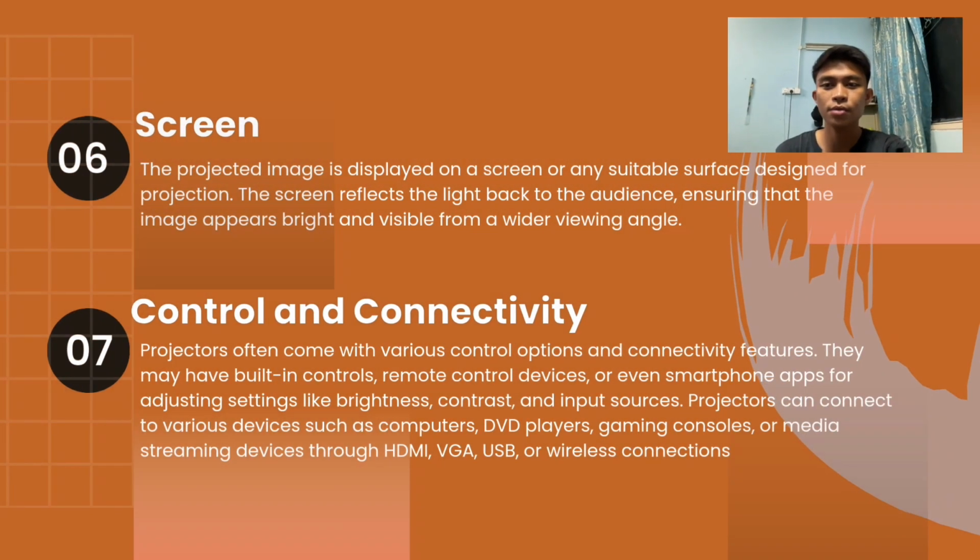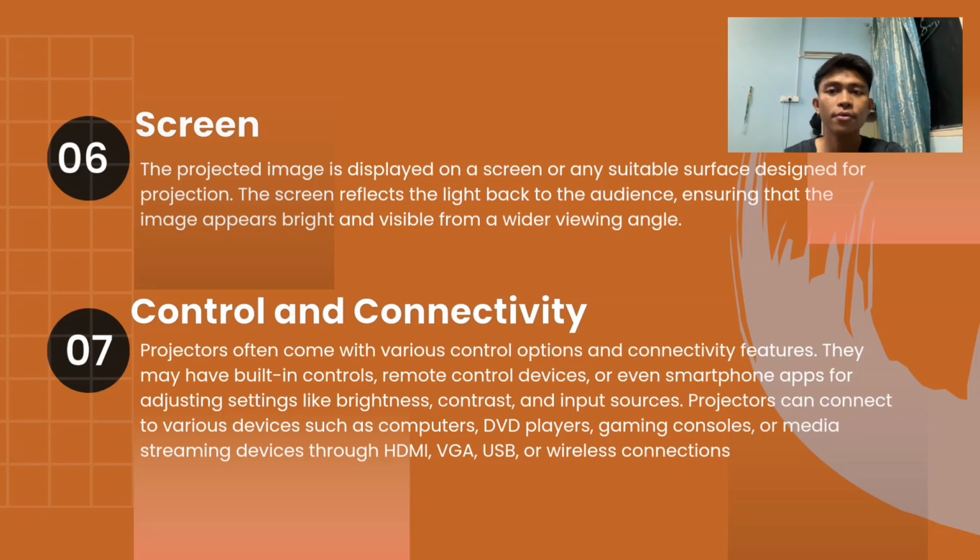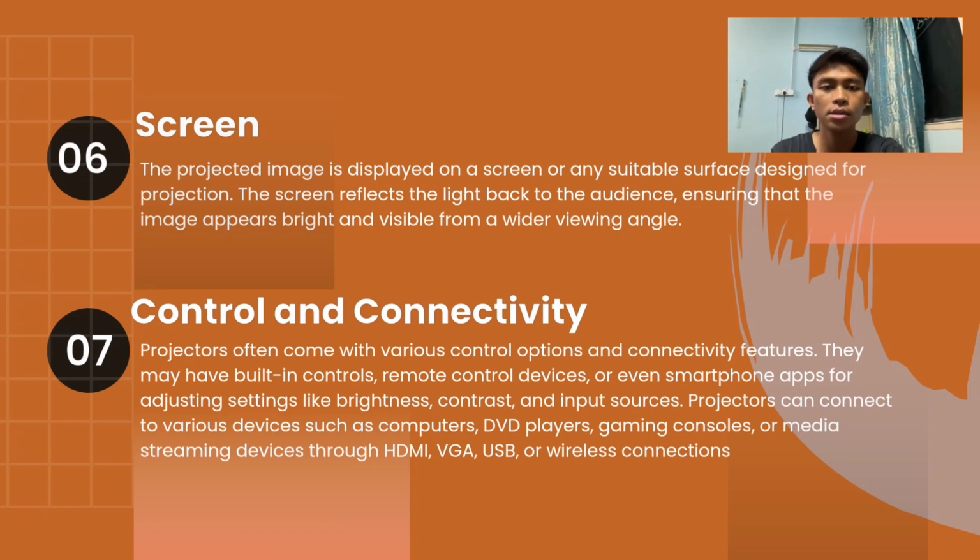The element number 6 is the screen. It is displayed on the screen or any suitable surface designed for projection. The screen reflects the light back to the audience, so the image appears bright and visible from wider viewing angles. And the last one is number 7, control and connectivity.